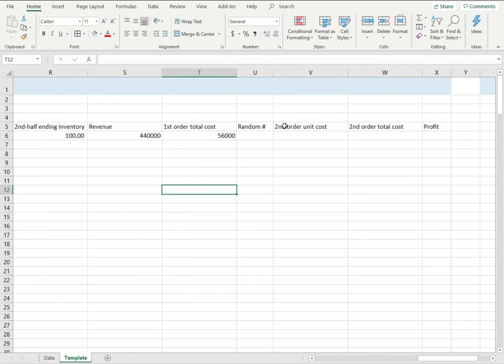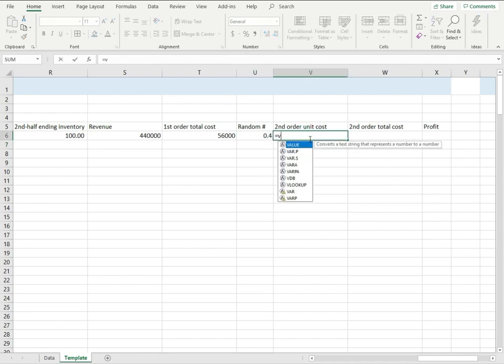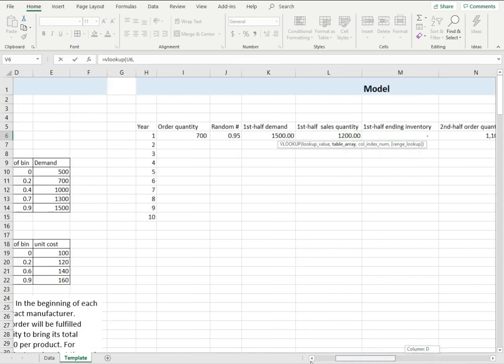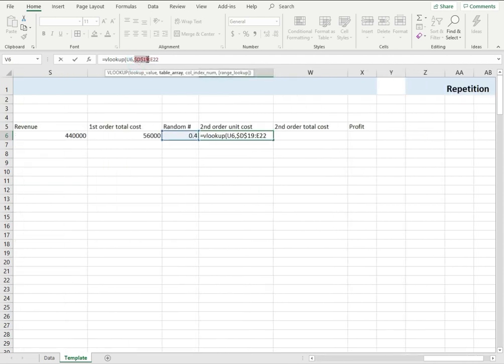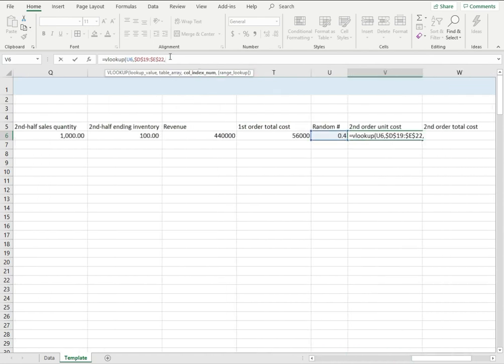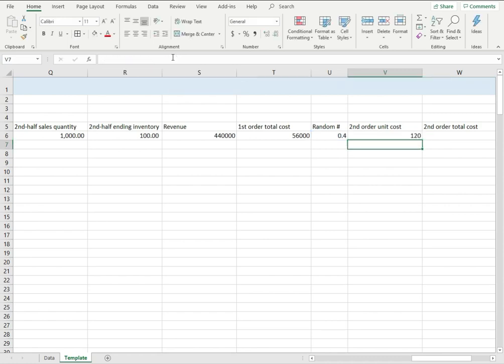Next, second order unit cost, we need to simulate that. So let me give it a random number, arbitrary number, just as a placeholder. So now we need to VLOOKUP again, looking up this random number from now this table, fixing the reference, comma, returning still the second column in the table, and then finally true as before.